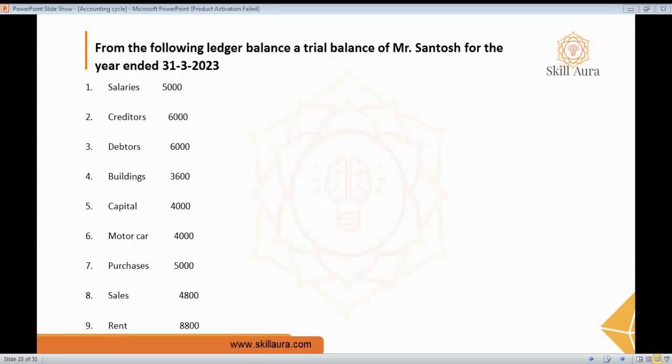When you total it, you'll get an amount which should be balanced, that is, total debit is equal to total credit.